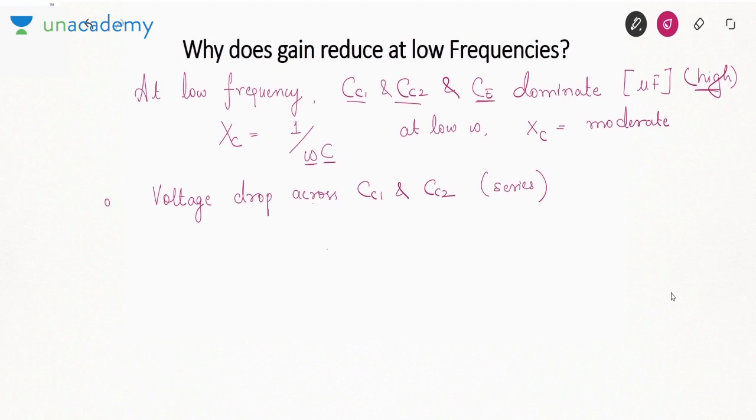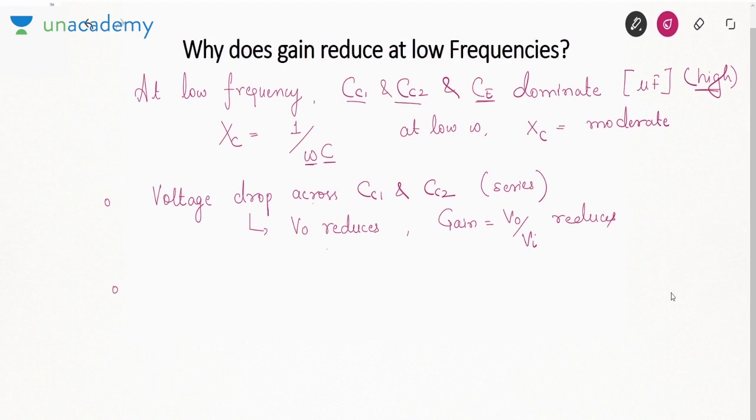Now due to voltage drop, V0 reduces. Now since V0 reduces, the gain which is equal to V0 by Vi, this also reduces. That is why the gain reduces at low frequency.